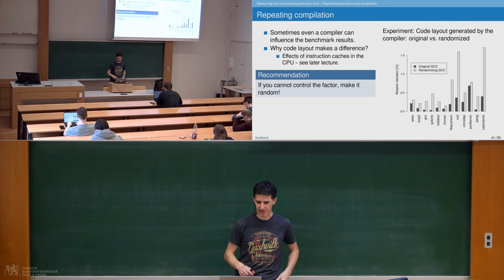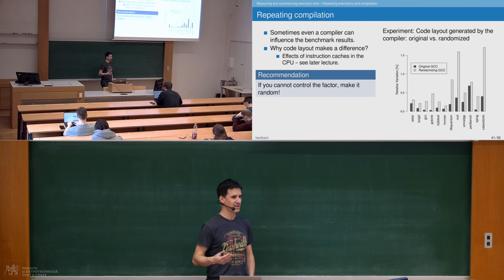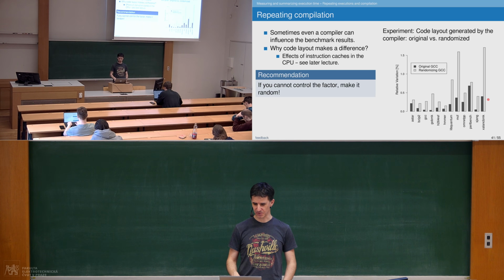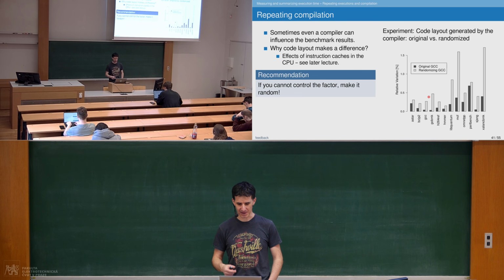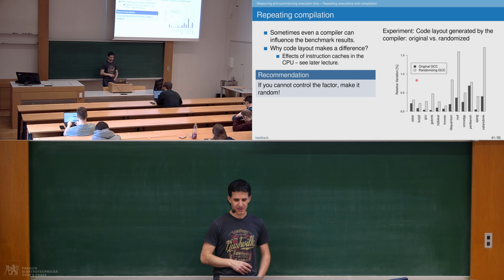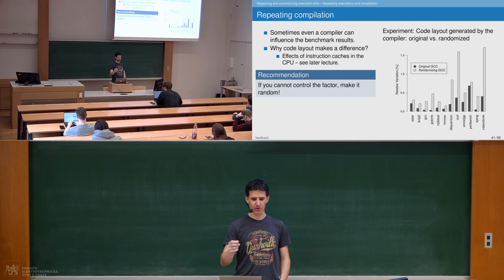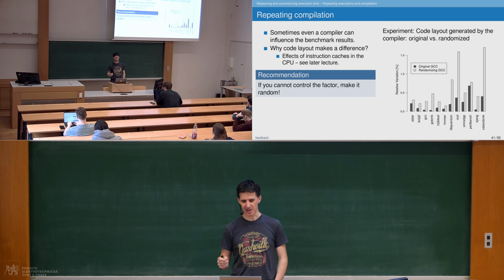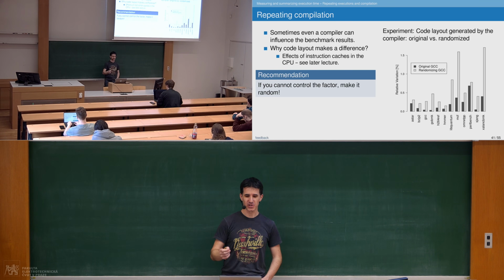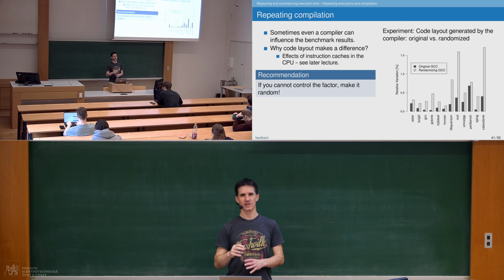Again, to demonstrate how the compiler can influence the variability of your experiments, there is this graph. They used the GCC compiler with all the optimization options set the same, but they did somehow change the linker, and they modified how the linker organizes the functions.